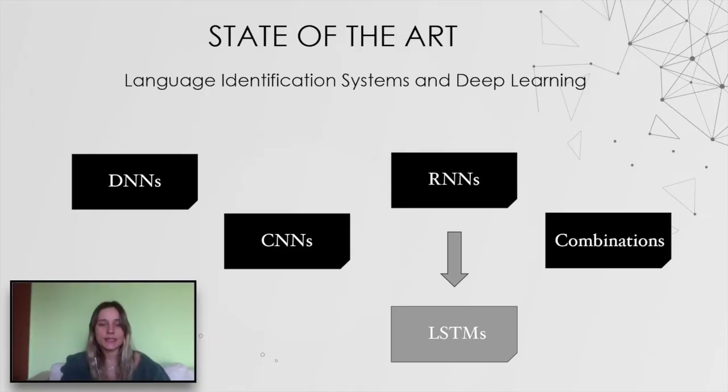Looking at the state of the art of LID systems, talking about machine learning techniques, we found out that GMMs in combination with UBMs were widely used. GMMs are Gaussian mixture models and UBMs are universal background models.